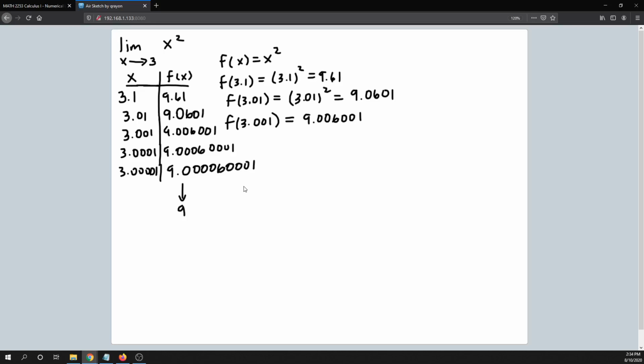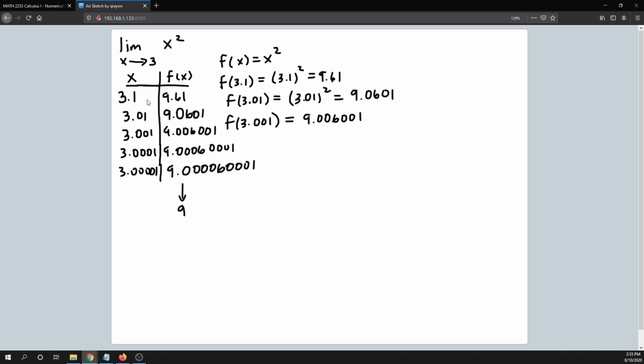All right. Another thing about this is these numbers have to get closer and closer to 3. We'll learn that later on.